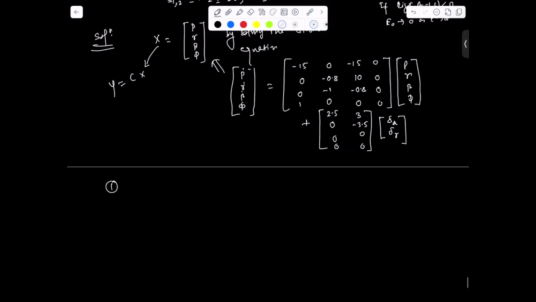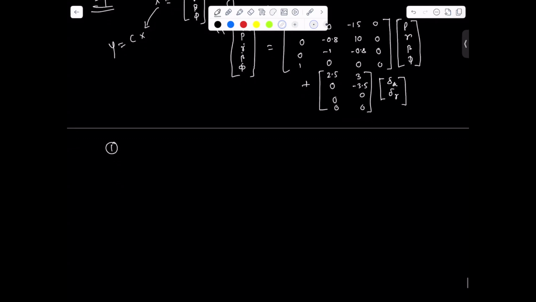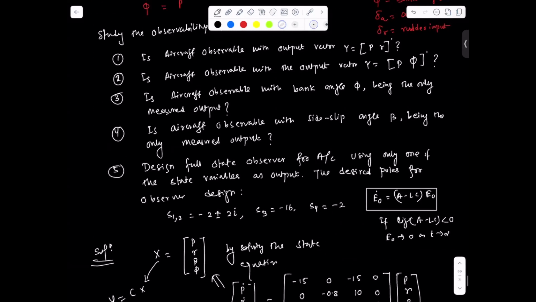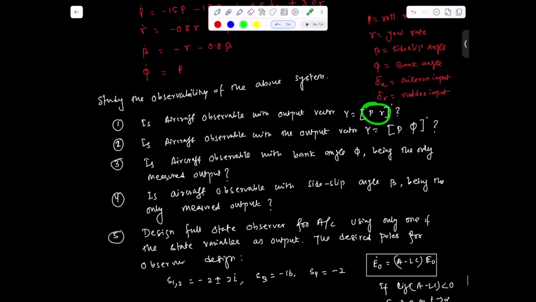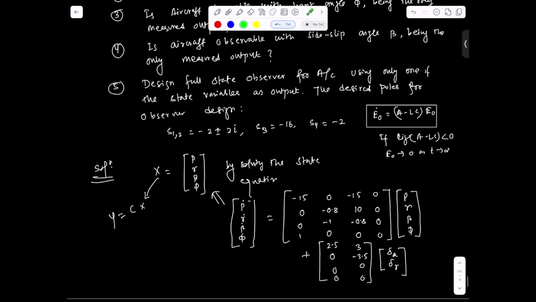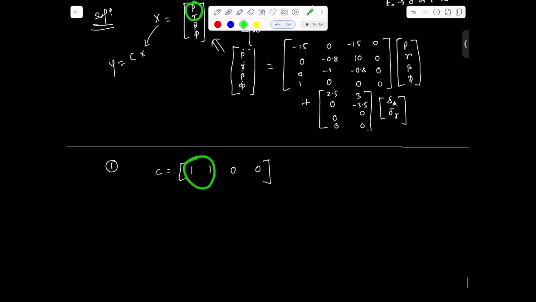We can form the C matrix for the given question: 1, 1, 0, 0. The 1, 1 means we are measuring p and r, the first two states in the state vector.